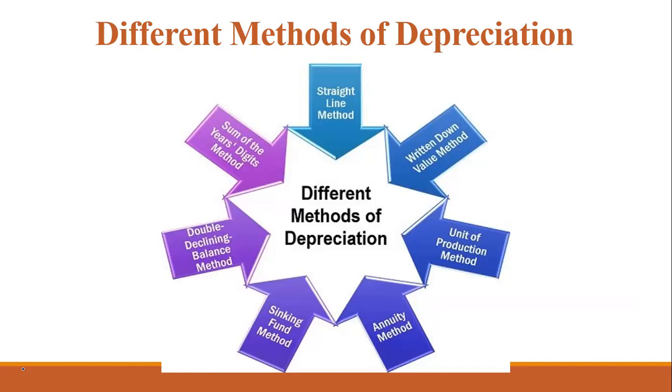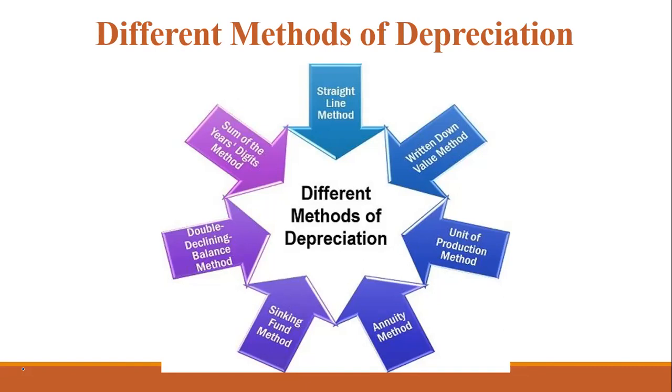This time, we will discuss the sinking fund method, annuity, unit of production, and written down value method. Okay? So, the methods of finding depreciation expense vary from company to company and industry to industry.